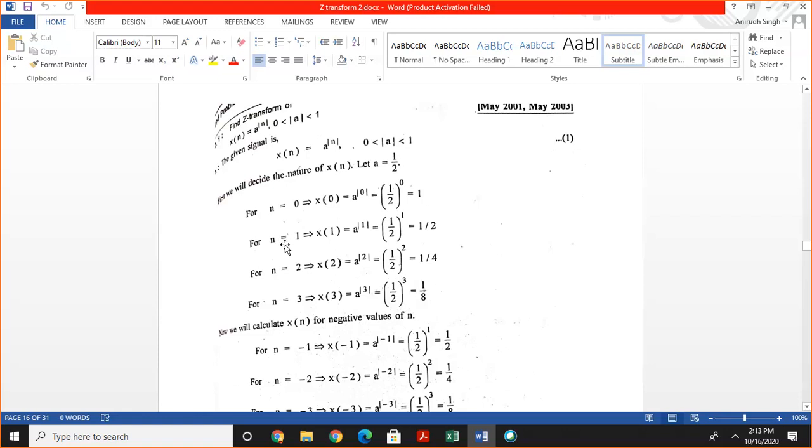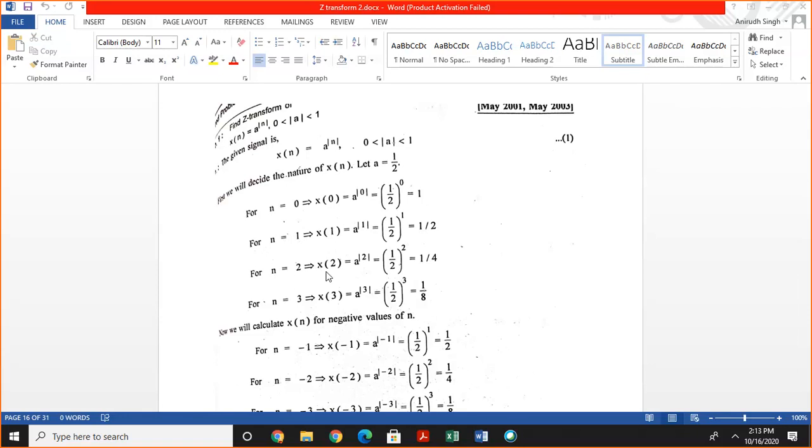Similarly, when we put n equal to 1, x of 1 is equal to a raised to the power 1, and if we put the value of a, we get half raised to the power 1, which means 1 by 2.